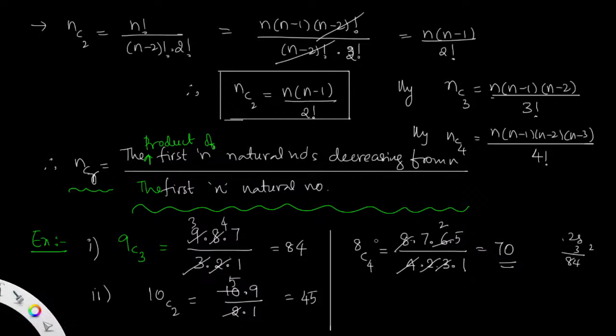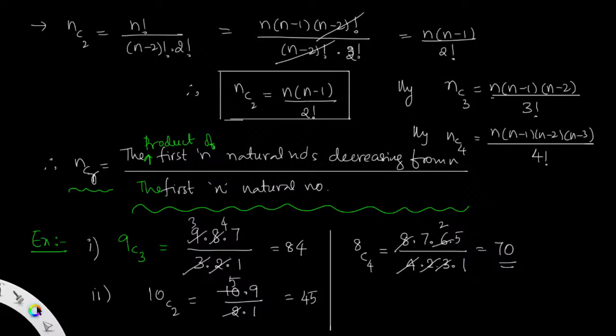So, finding the values: whereas nPr is only n into n minus 1 into n minus 2 and so on up to n minus r plus 1, a denominator is not there. But in the case of nCr, we have the formula: the product of the first r natural numbers decreasing from n, divided by the product of the first r natural numbers.